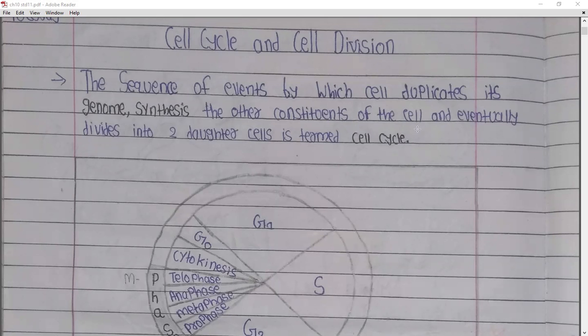The genome present inside the cell is also duplicated along with the cell, right? And several constituents of the cell are also synthesized, or we can say produced. So upon occurrence of these events, at last the cell divides into two daughter cells, and this is known as the cell cycle.